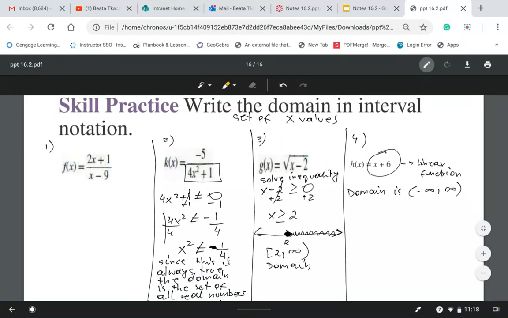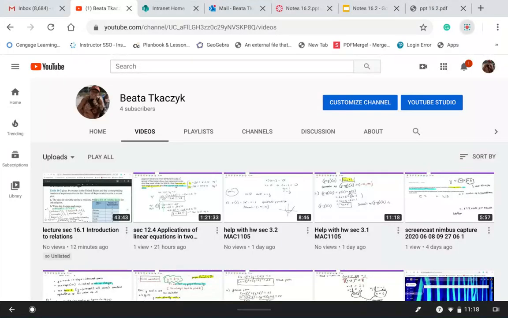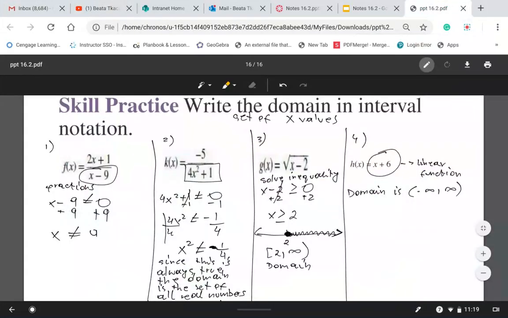And number 1, here we have fractions. So you have to give the condition that the denominator can never be equal to 0. Solve for x. That will give you that x can never be equal to 9.